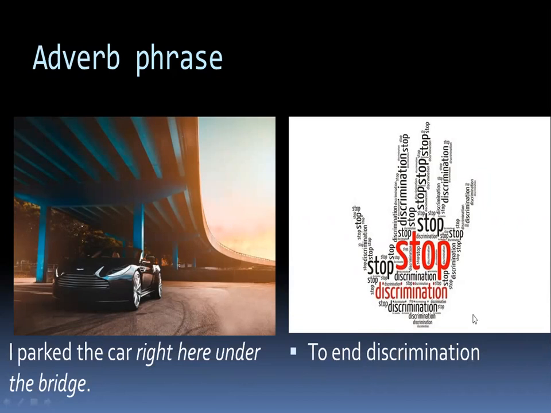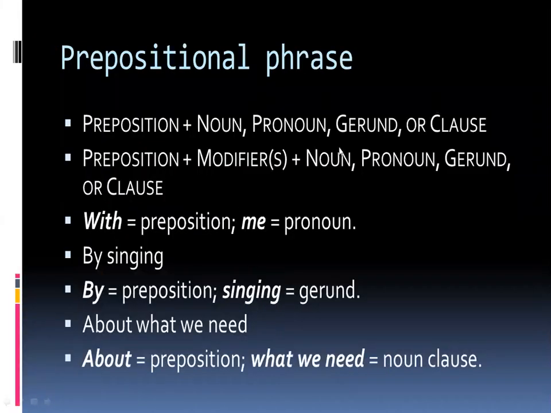Noun phrase: the quick brown fox jumped over the lazy dog. Here the lazy dog is actually functioning as a noun phrase. Okay, the end of the season is hard for some athletes. The end of the season.